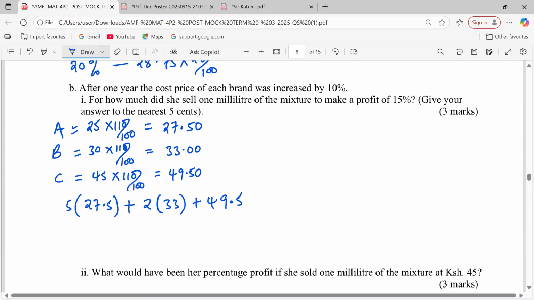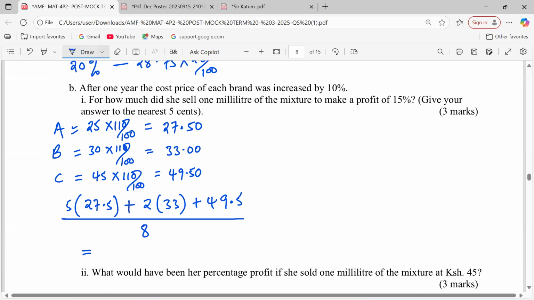Then now we have to divide by 8 again. So 5 into 27.5.